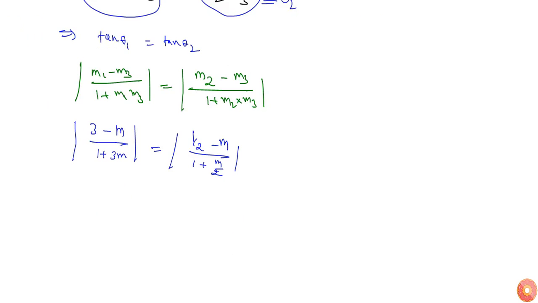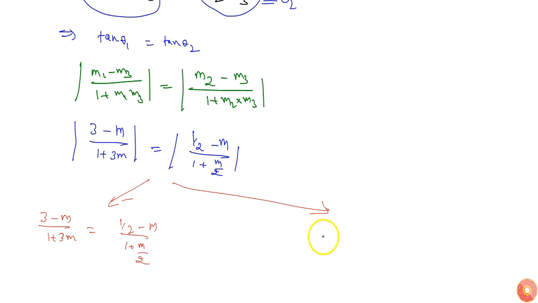Now there are two possibilities. The first one is 3 minus m divided by 1 plus 3m equals 1 by 2 minus m divided by 1 plus m by 2. And the second one is 3 minus m divided by 1 plus 3m equals minus of 1 by 2 minus m divided by 1 plus m by 2.